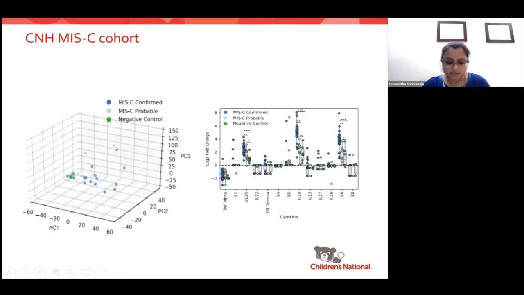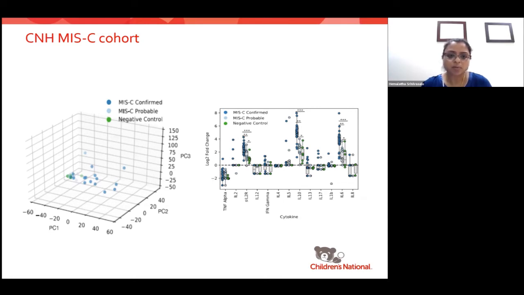What we saw in the children's cohort was something similar to what has been noted in the published cohorts. We separated our cohorts into three different ones. The patients who were labeled as MIS-C confirmed satisfied the CDC definition of MIS-C and had either a positive SARS-CoV-2 antibody or PCR.